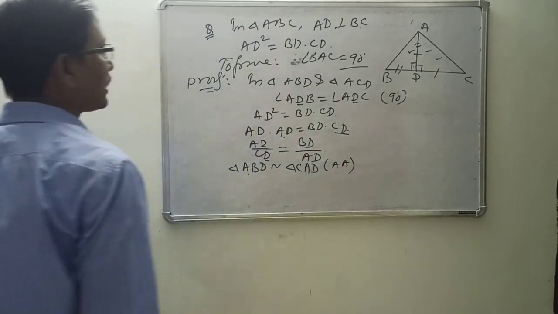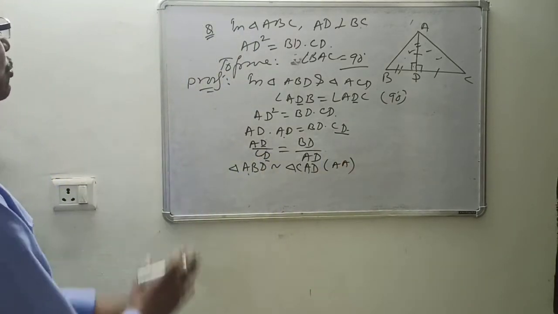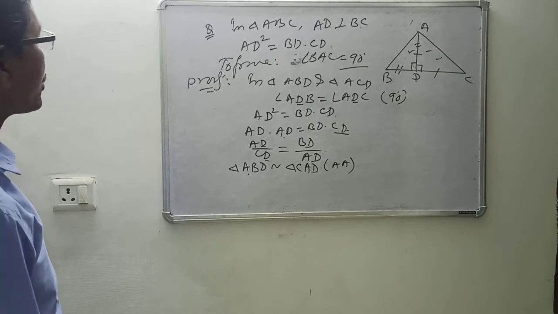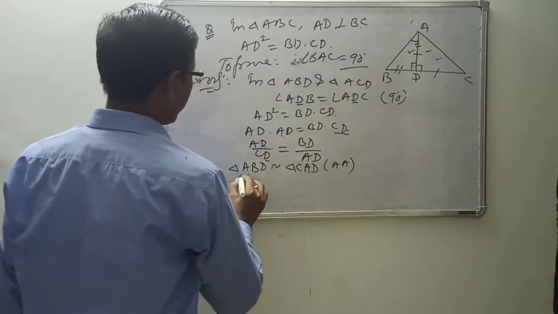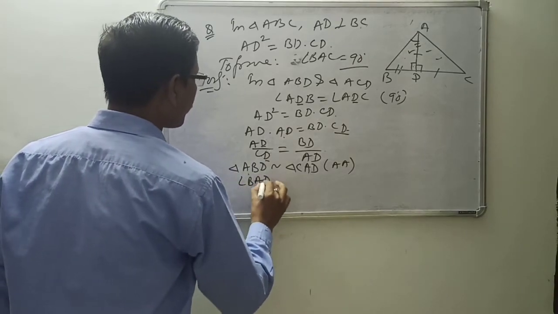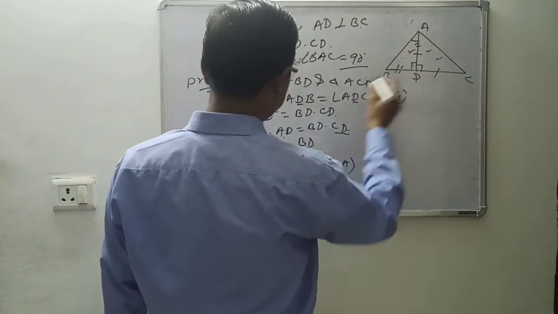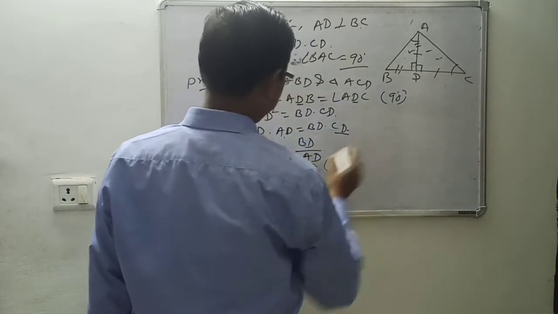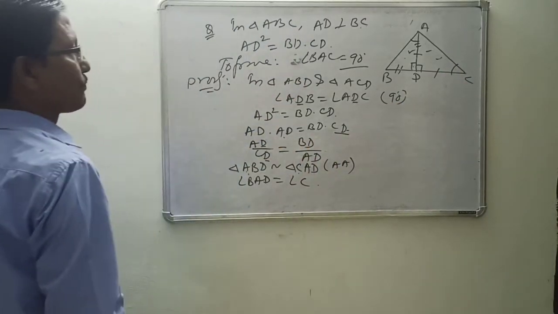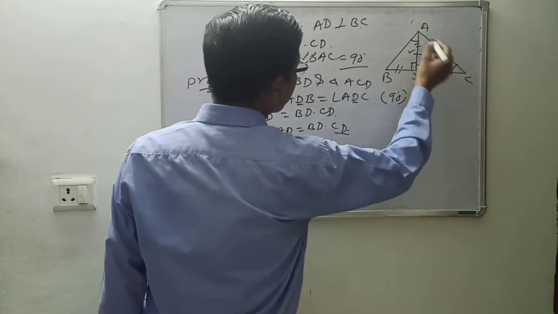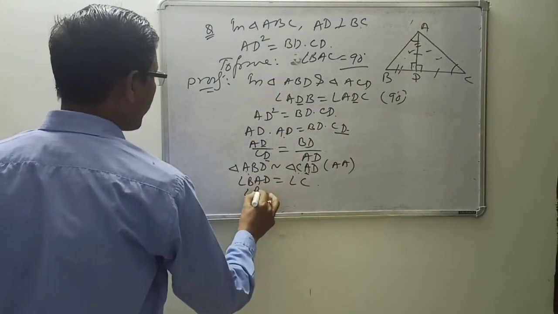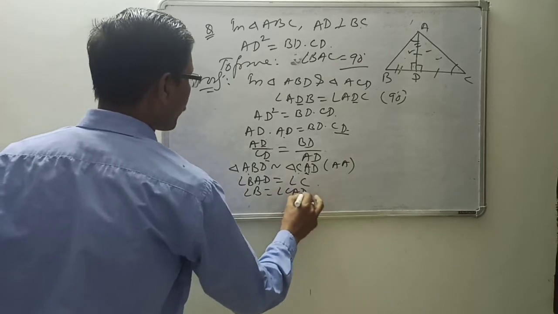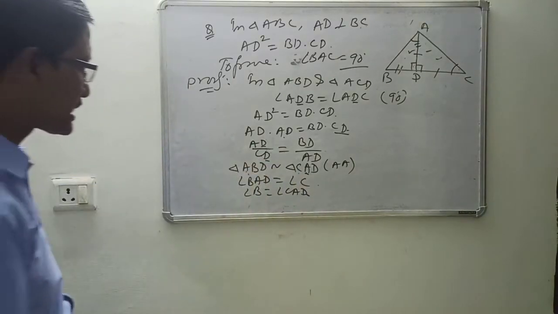Angle criteria. Now, since these two triangles are similar, the corresponding angles are equal. So for this triangle, angle A means BAD angle is equal to that triangle A means their C, angle C, and that triangle angle A, that is CAD, second is angle B. Okay, corresponding angles are equal.